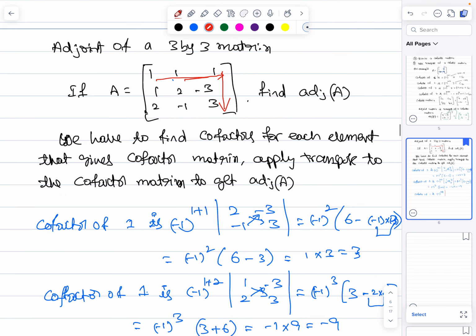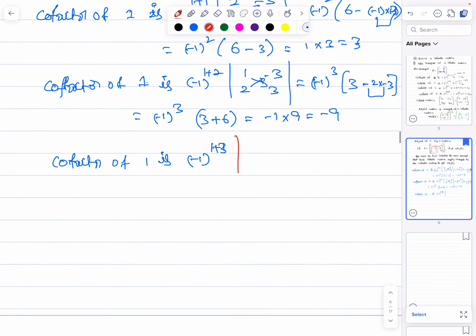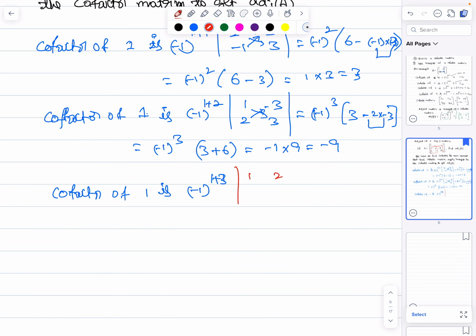The leftover entries matrix is 1, 2, 2, minus 1. That is minus 1 whole power 4 into, so what is this value? Whenever you are taking 1 into minus 1 is minus 1. Whenever you are moving upward, you have to apply minus 2 into 2. So therefore minus 1 whole power 4 is plus 1. Plus 1 is multiplied with minus 1 minus 4. So therefore it is minus 5.